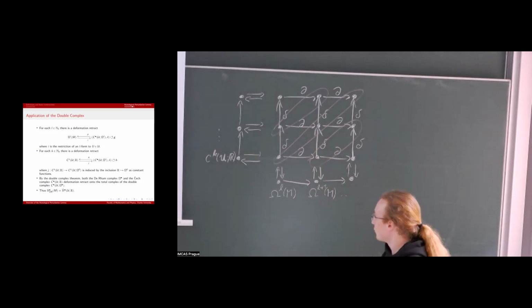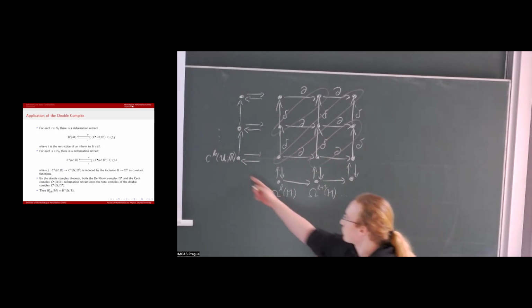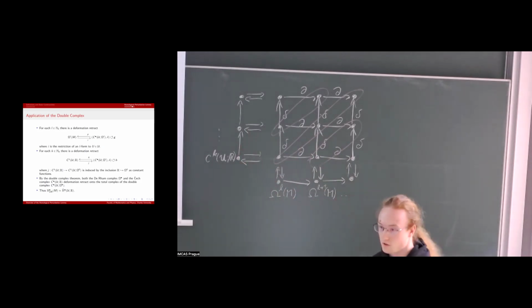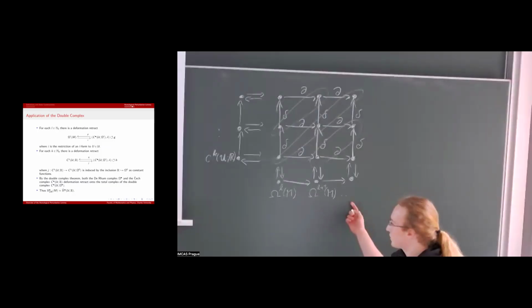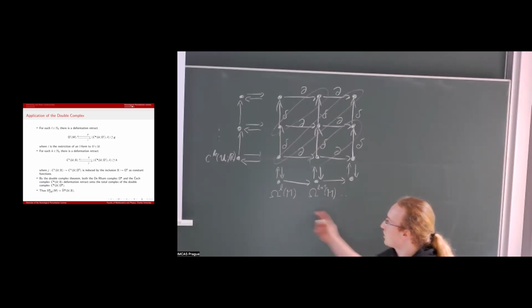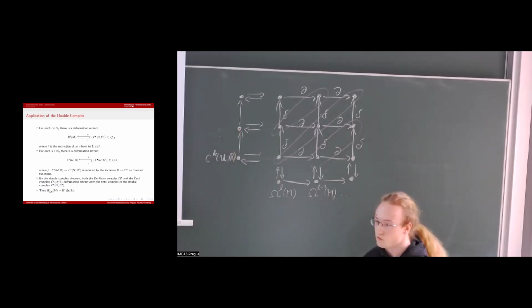So by transitivity, this cochain complex deformation retracts onto this one, and so there is an equivalence on the corresponding homology groups, and the homology of this is the de Rham cohomology, and the homology of this is the Čech cohomology, which gives us the isomorphism.